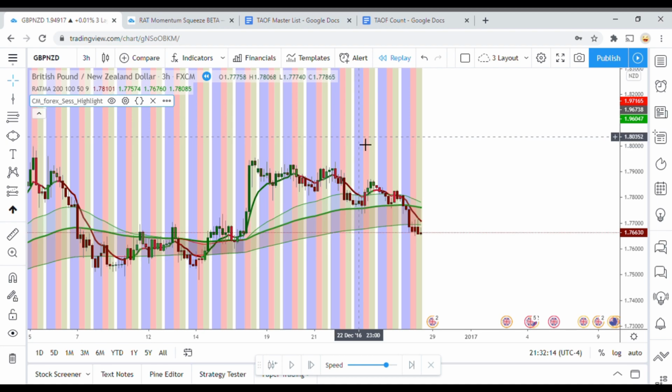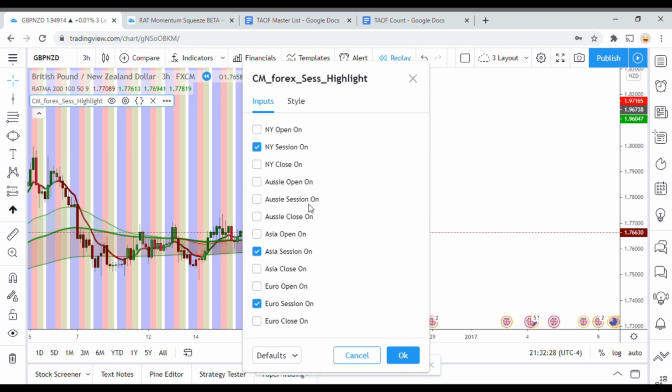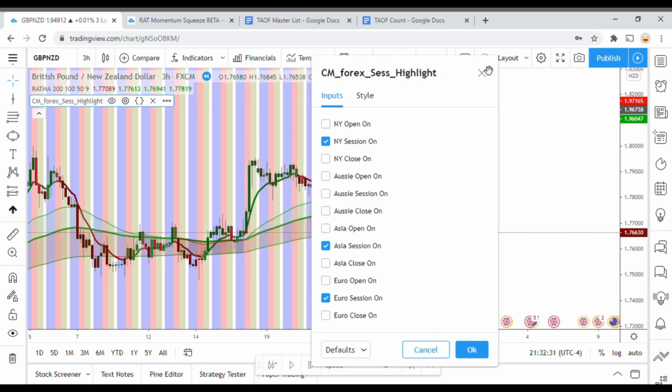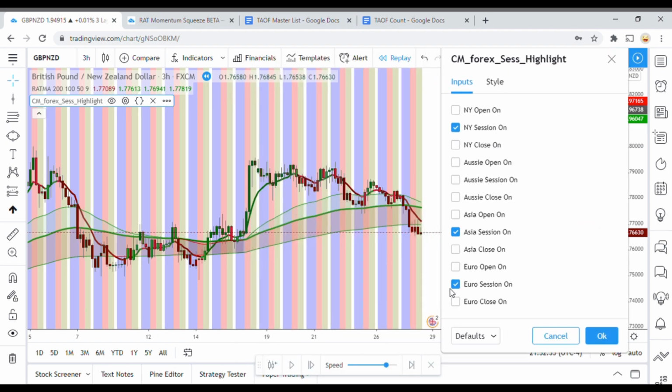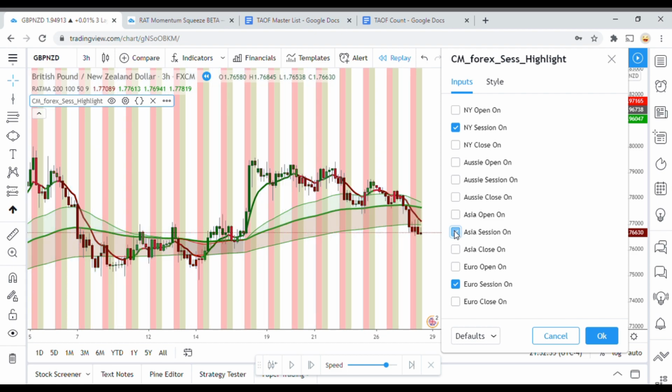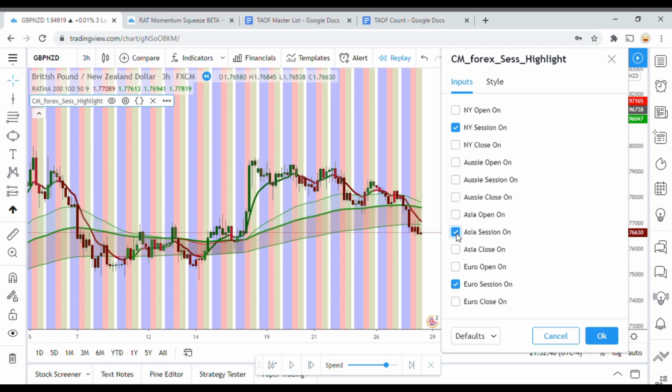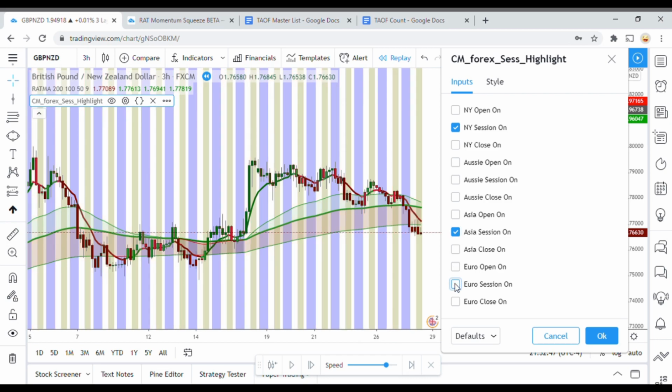These are the three main trading sessions: the Asian, the European, and the New York. I've turned off a lot of these, but if we move this over here, you can see that if I turn off the Asia session, the purplish color drops out.